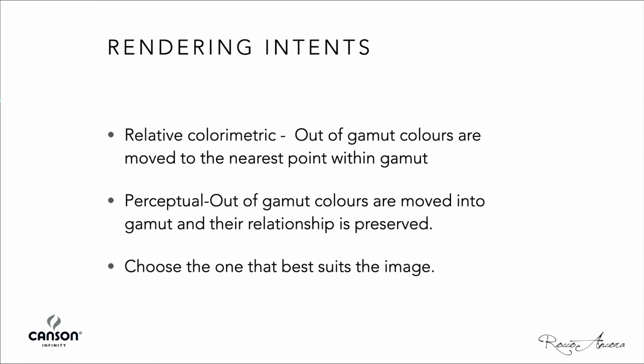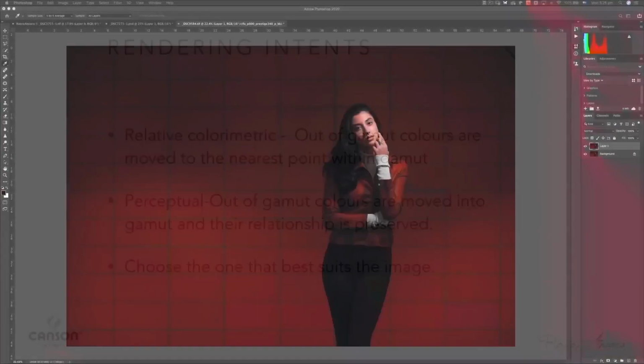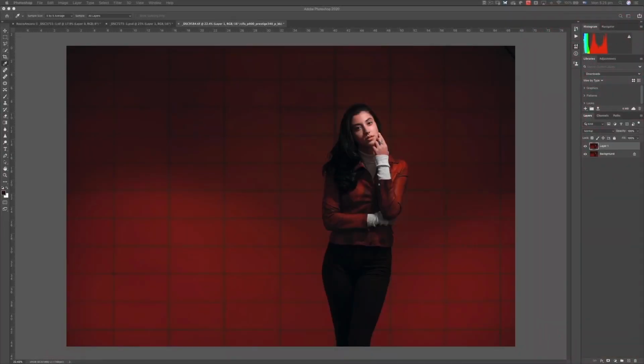Let's take a look at rendering intents: relative colorimetric, perceptual, absolute colorimetric, and saturation. Two of the most common ones you will ever use in your printing workflow are relative colorimetric and perceptual. Now, what are they and what do they do? So basically, a rendering intent is a way that color is converted when we go from one device to another.